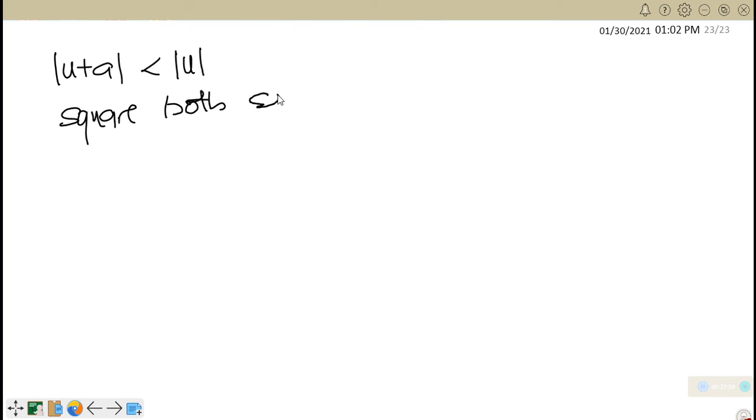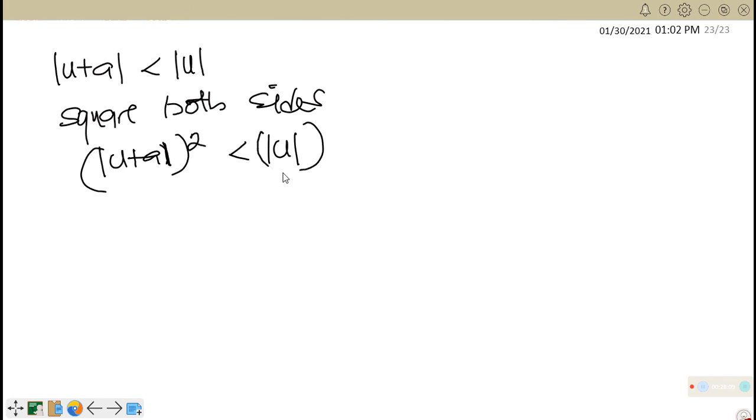If you have something of this nature, absolute value of u plus a, where u is an algebraic expression and a is a real number greater than 0, less than absolute value of u, square both sides as well. You have absolute value of u plus a all squared less than absolute value of u all squared. So you have u plus a all squared less than u all squared.